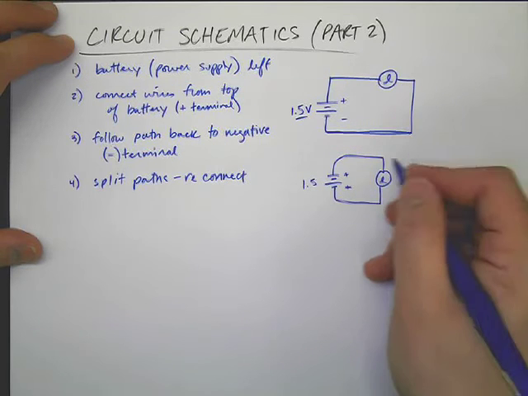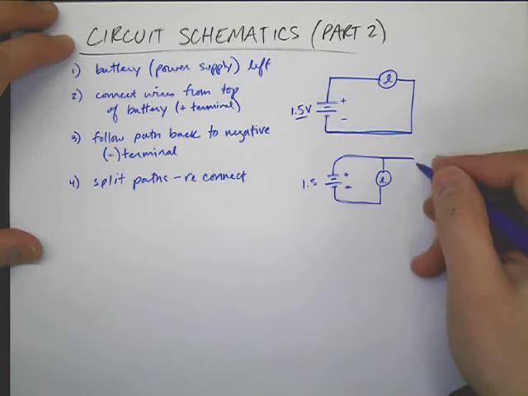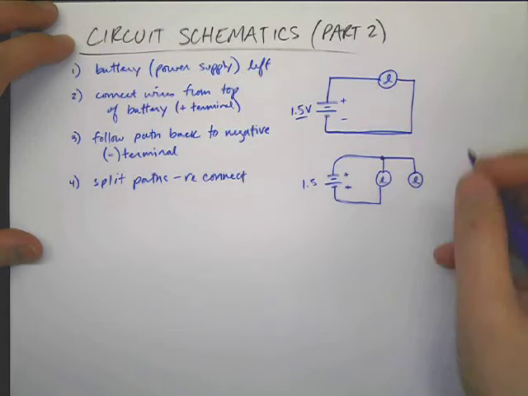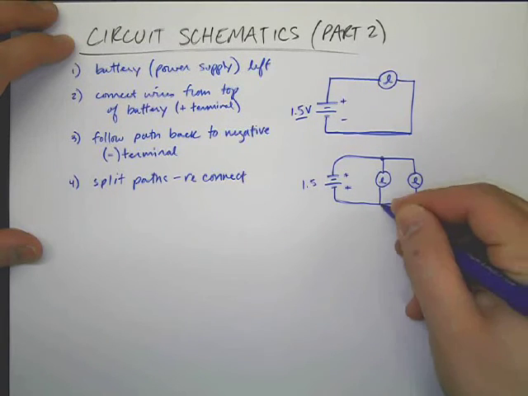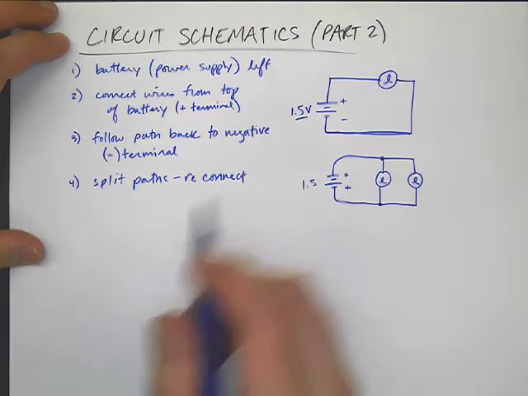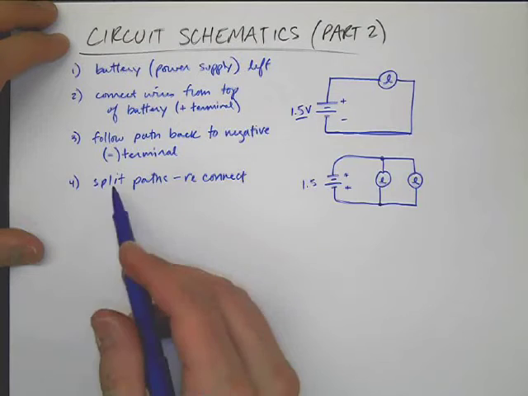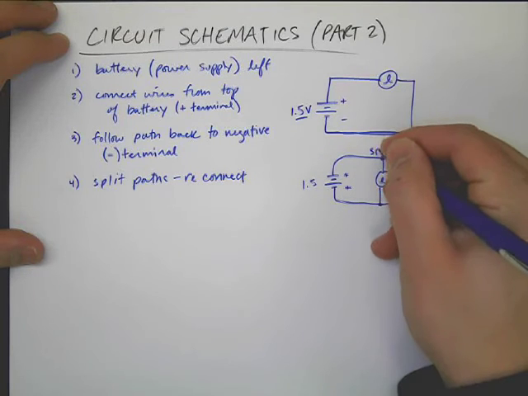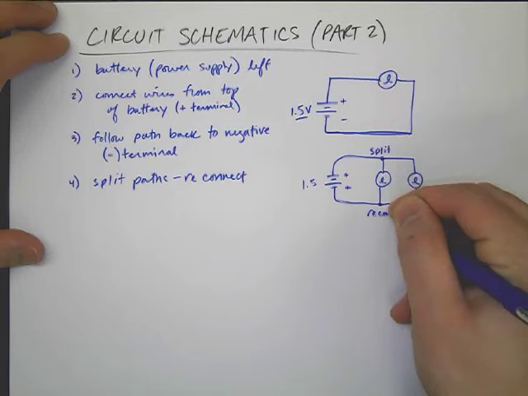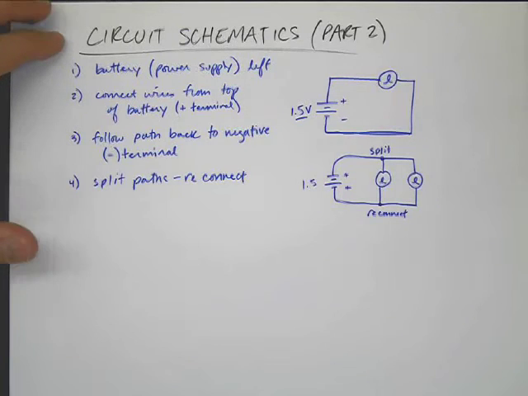There's one path, but I'm going to put another one in here, which provides a second path. And notice these connection points are darkened. So whenever I split my paths here, there's a split, they have to reconnect before we make it back to the battery.